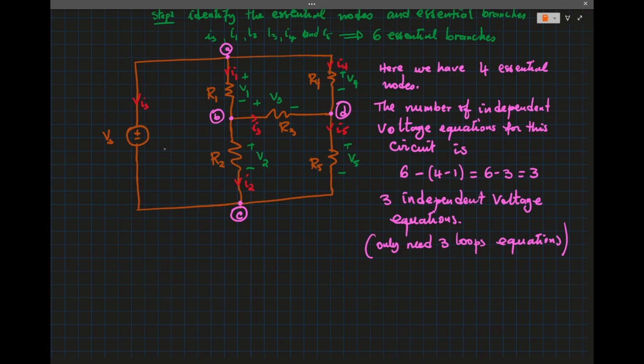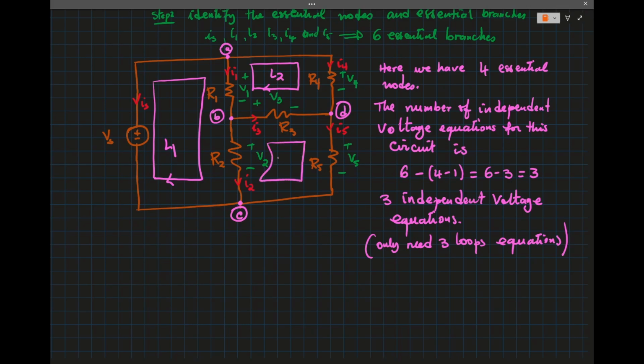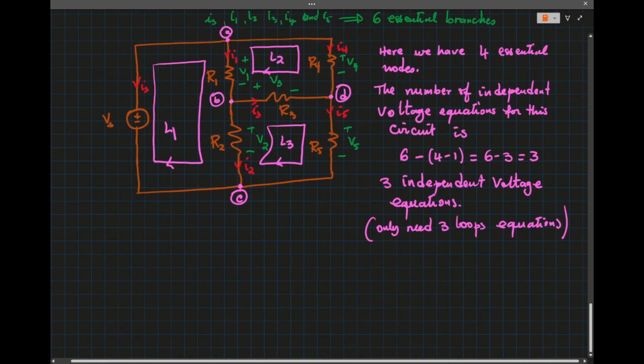So I will identify this as my first loop, loop 1, this as my second loop, loop 2, and this as my third loop, because I only need 3. So let's write the loop 1 equation.